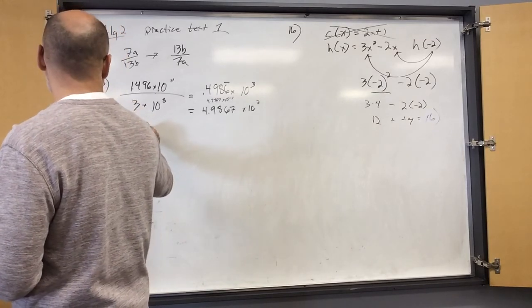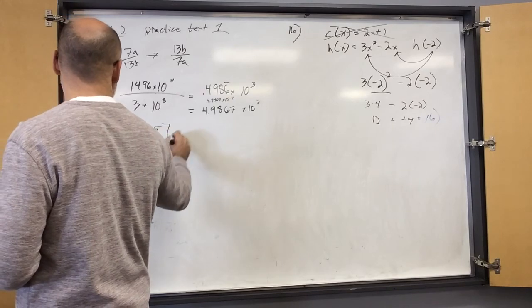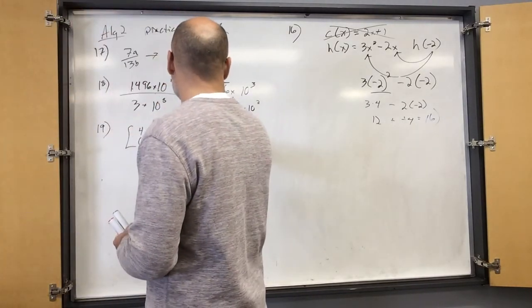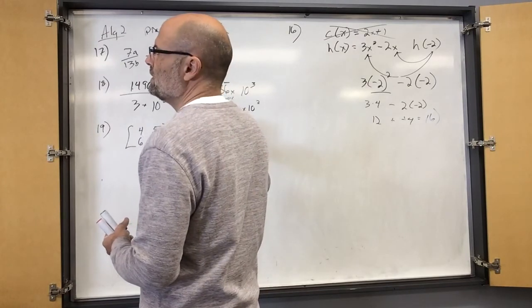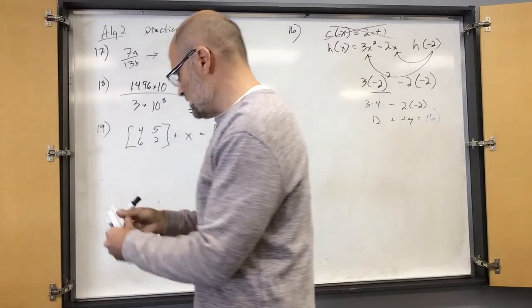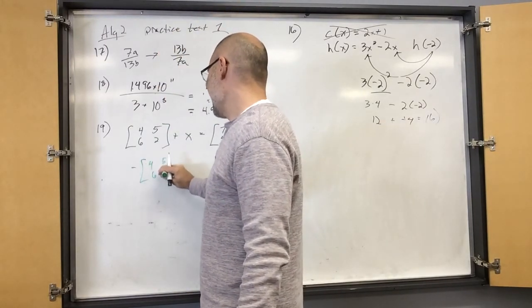What do you do to find the missing variable? Subtract. So you're missing an addend. To find the missing addend, you always subtract the sum minus the other addend. Or you could just do this algebraically. That's a lot to write.